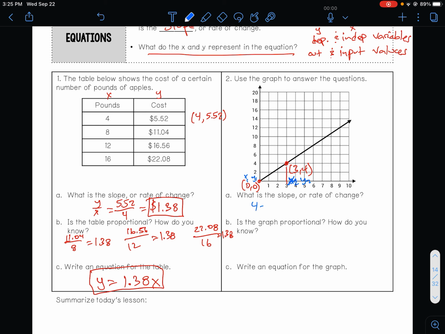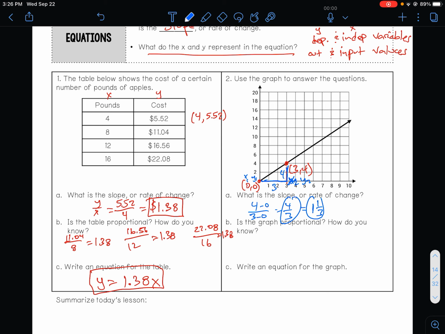So I could do 4 minus y1, which is 0, over 3 minus 0, and that equals 4 over 3. Or it's 1 and 1/3. It actually doesn't matter which one you decide to go with. I think I'm going to go with 4/3. Or you could count the rise. The rise is 4. The run is 3. You could have done it either way.